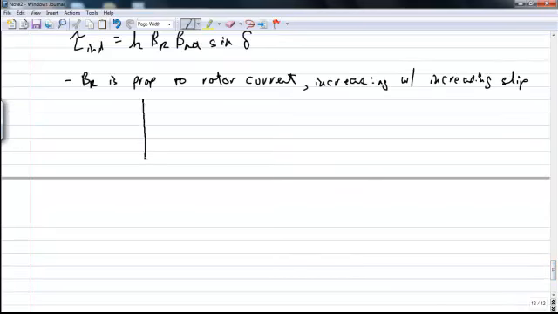So if we draw a plot, where this is speed on this axis and we have the synchronous speed, then we're going to have something like this.